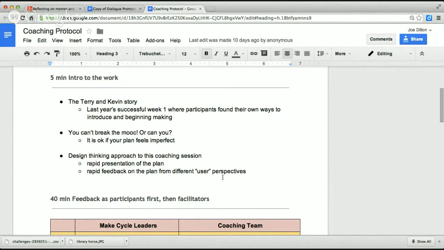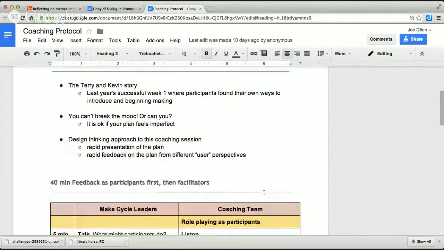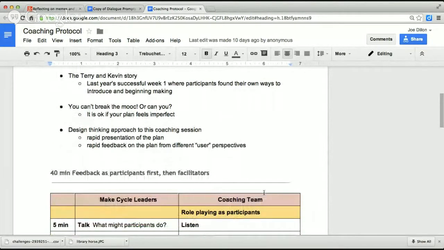So the intro to the work is essentially to say that this will be a little bit strange, definitely different than a face-to-face classroom context. That's the rationale for the protocol: because this is a slippery teaching and learning space, we're just trying to bombard them with feedback and possibilities so they start to think about the dynamics of leading in this type of a collaboration.